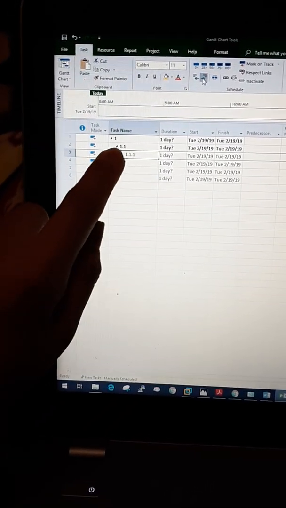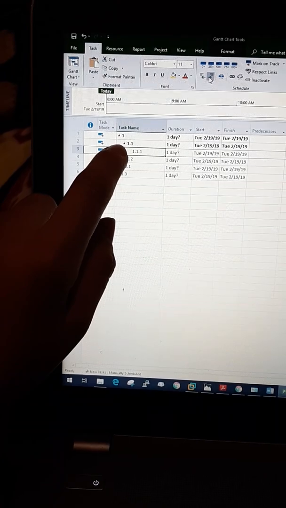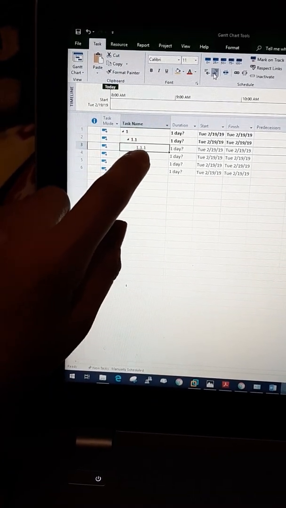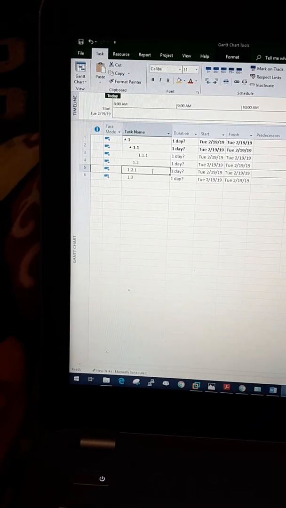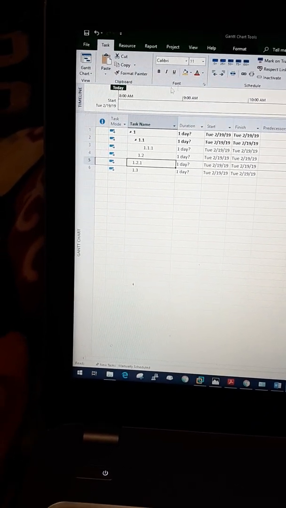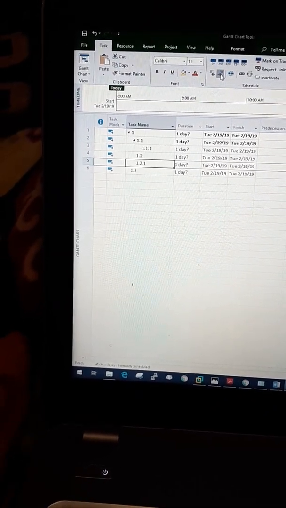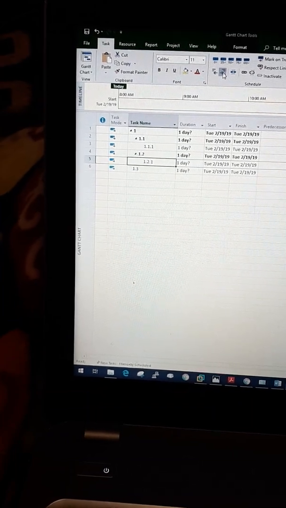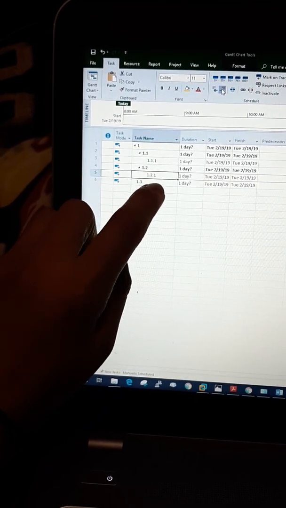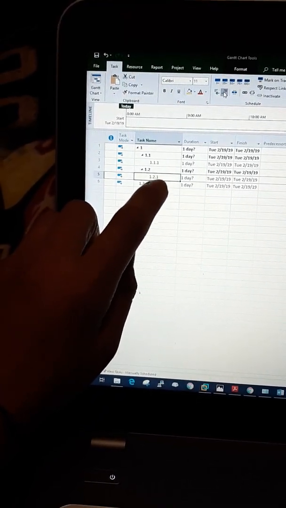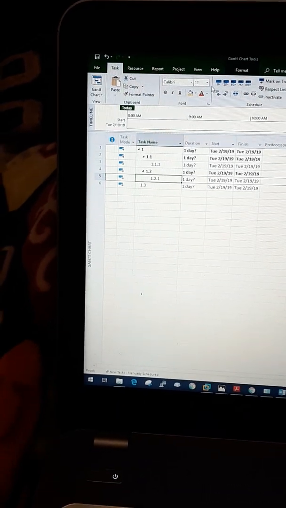So this bold thing will help you know that okay, this has a subtask, which is this, right? Even if you forget, are they at the same level, right? 1.2.1, just put this indent again one more time, because 1.2 should be bold, so that 1.2.1 becomes the subset, right?